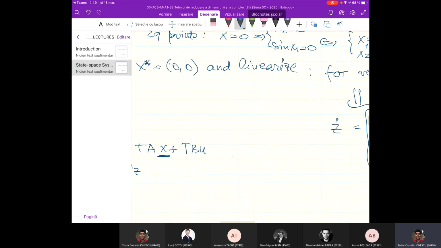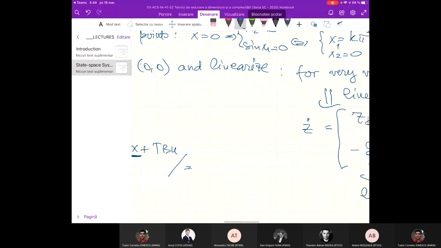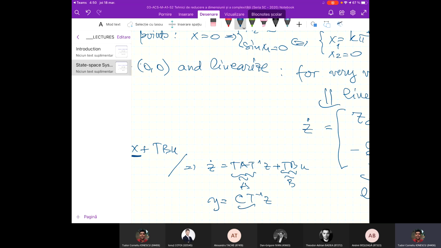So this is TAT inverse z plus TBu. Do you agree? And this you can call A tilde, and this you can call B tilde, in the new coordinates. And then y is C T inverse z, and this is C tilde.